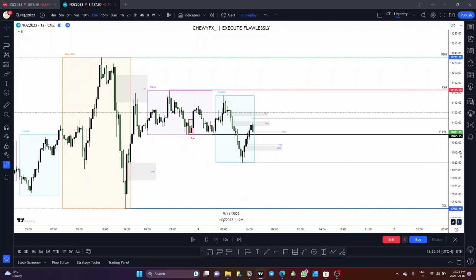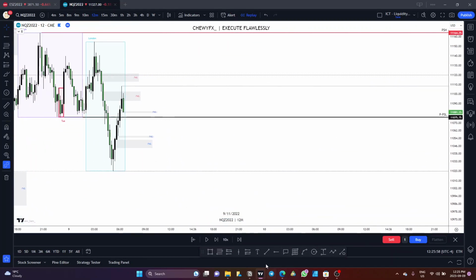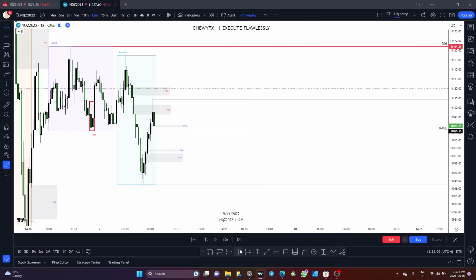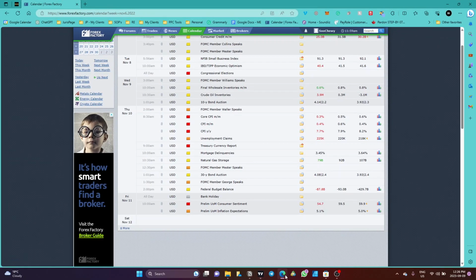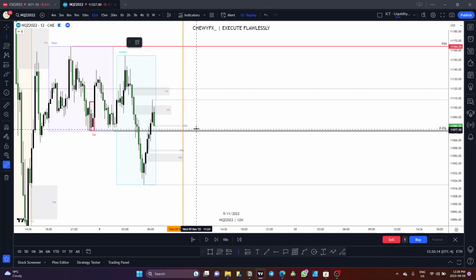Maybe, who knows, the setup will be a lot cleaner on here. Okay, we also want to mark up what time the news is. We'll give ourselves a gap of at least 15 minutes. Wait, did the news start? Okay, it starts at 10, so we want to mark up around 9:45 and then have the gap here.